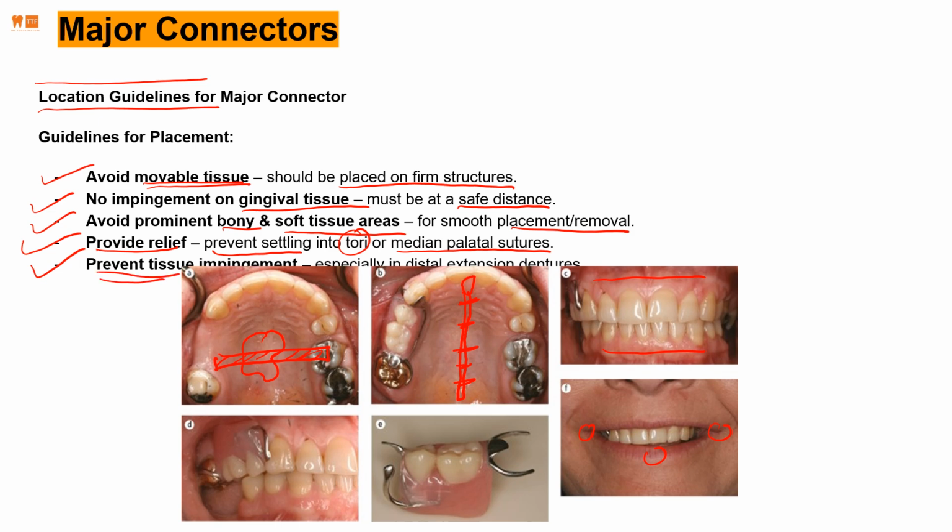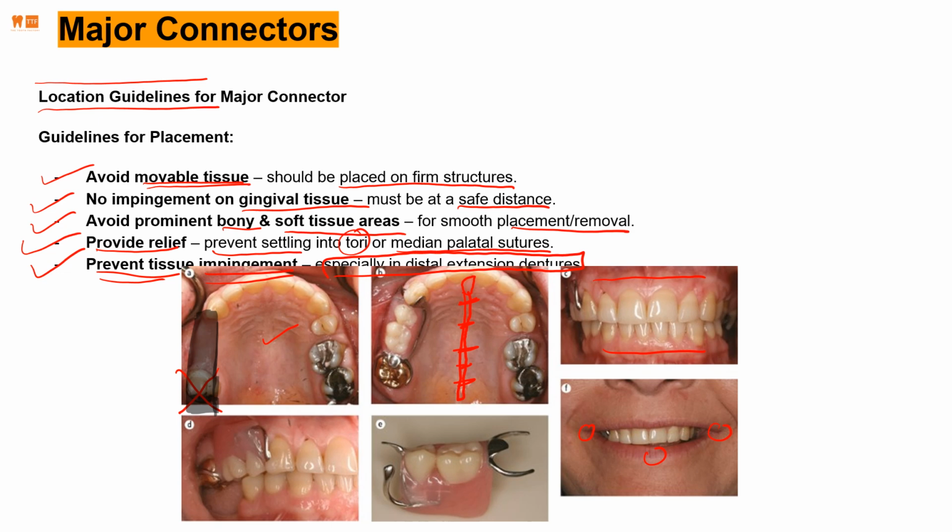We must prevent tissue impingement, especially in the distal extension dentures. There are some dentures that are distally extended. What that terminology means is, imagine if this is the denture we're going to make, right? This is the arch we're going to rehabilitate. Imagine if this tooth is not there. Then what will there be? There will only be a full edentulous area with no tooth supporting the distal area, right?